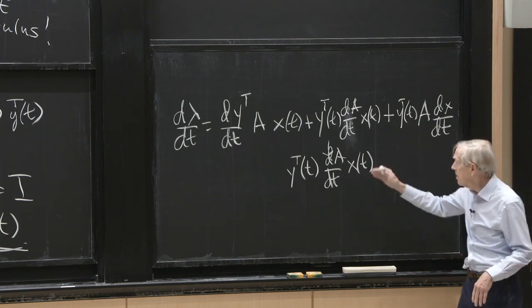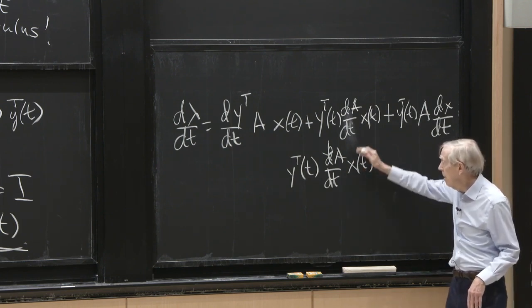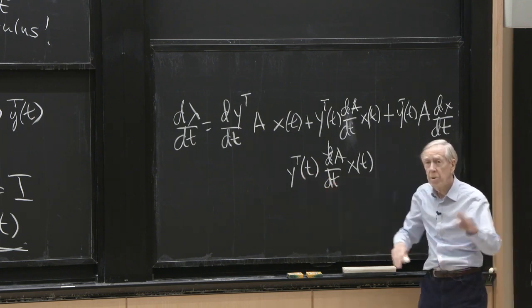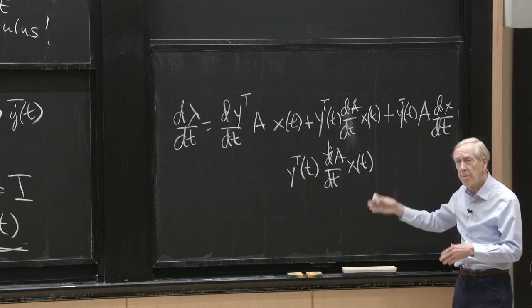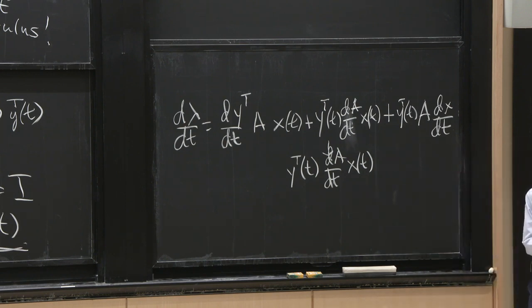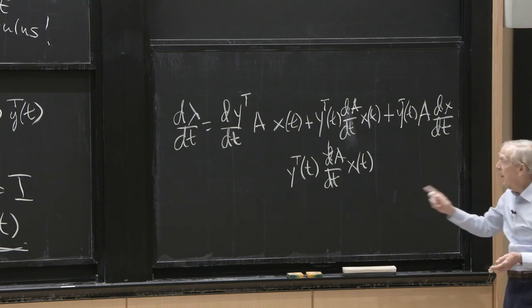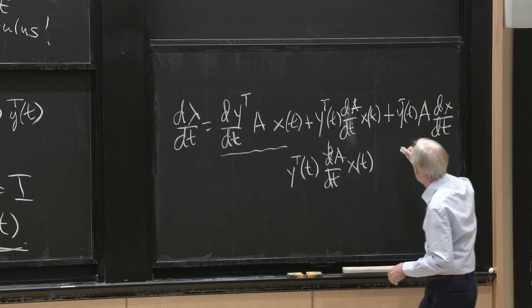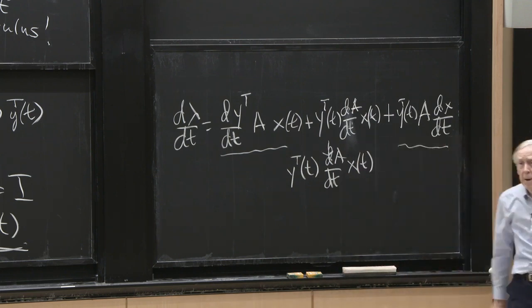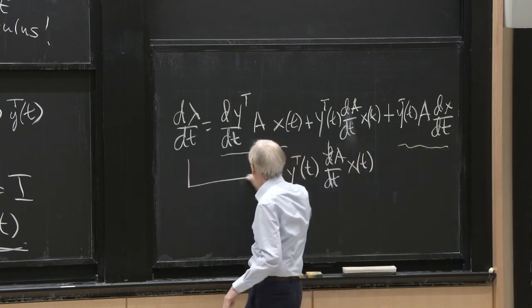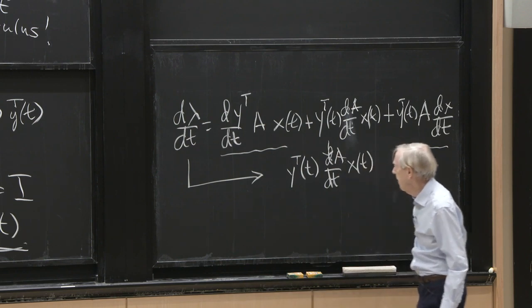Here's a column vector, its eigenvector, and here's a row vector. So row times matrix times column is a number, 1 by 1. And actually, that's my answer. I'm saying that these two terms cancel each other out, that those two terms add to 0, and that this is the right answer for the derivative.